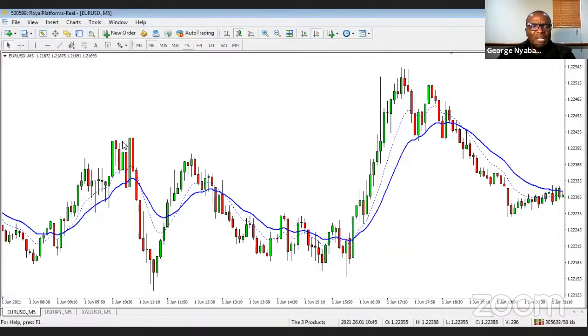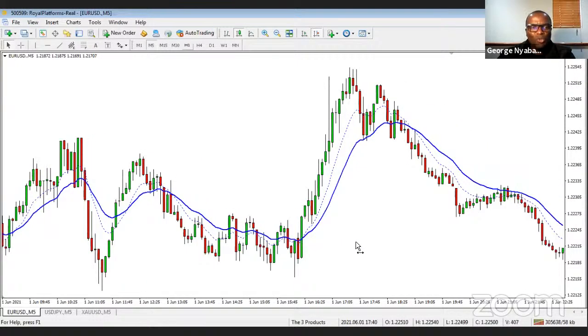The market has gone up, it's come back. I'm confused. I don't know what to do. I don't know where to take my trade. Well, there are opportunities that you can find to maximize the market, and that's looking at the hidden levels of support.